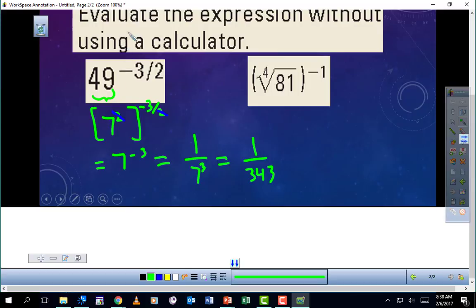Okay. So on this particular problem, they give you directions to evaluate this expression without using a calculator. So what they want you to do is use properties of exponents and your current knowledge to figure out a way to cancel out that denominator. So it's using properties of square roots and cube roots and nth roots and so on and so forth.